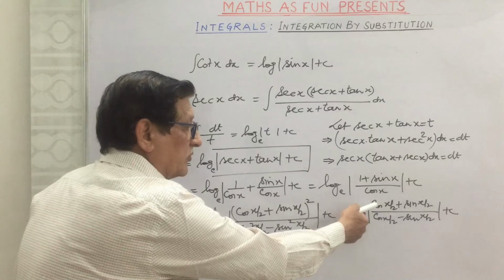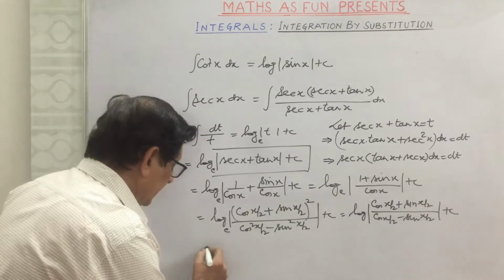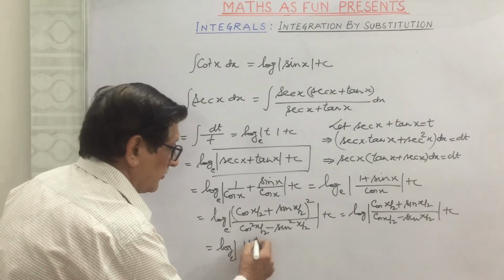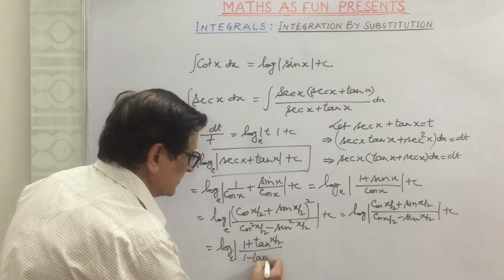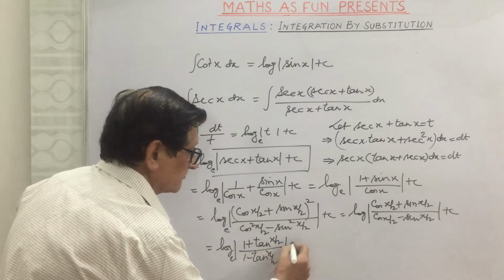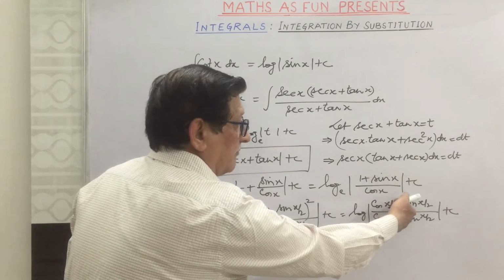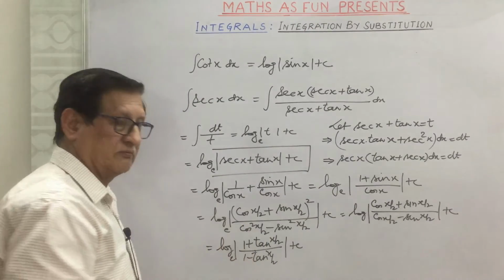If we divide the numerator and denominator here by cos x by 2, we will get log of 1 plus tan x by 2 upon 1 minus tan x by 2. Because we know cos x by 2 will cancel and sin x by 2 upon cos x by 2 is tan x by 2.